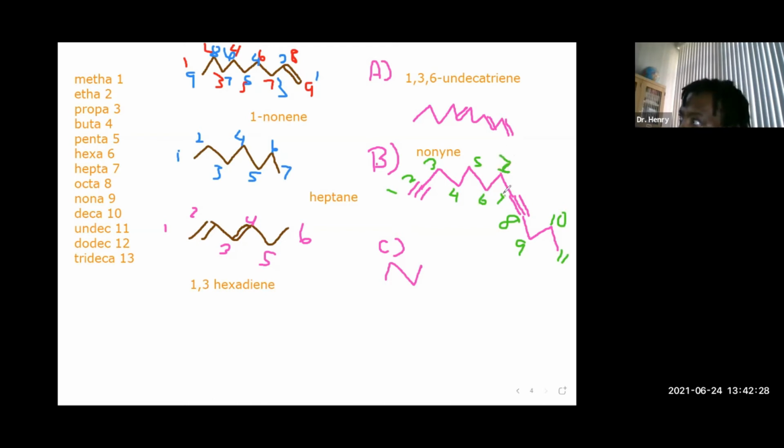It's 12. My bad. So at each end of the triple bond, that's a carbon.